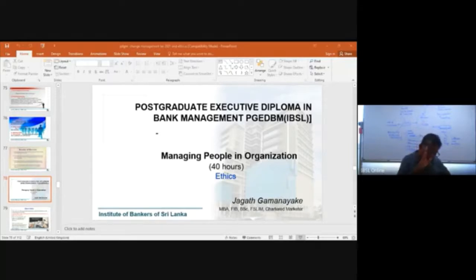The need to maintain confidentiality is normally extended to cover the bankers' social environment as well.